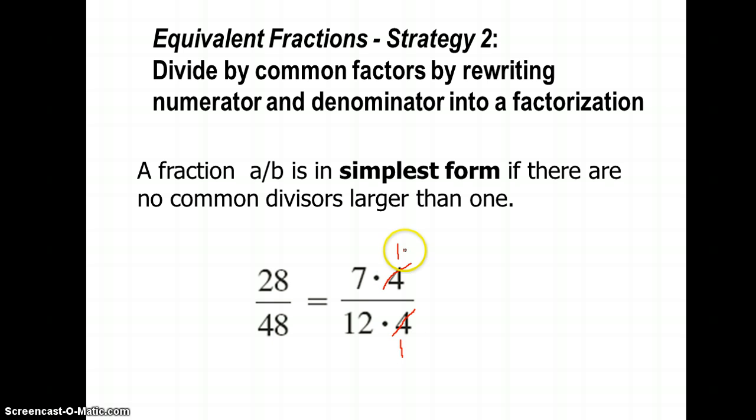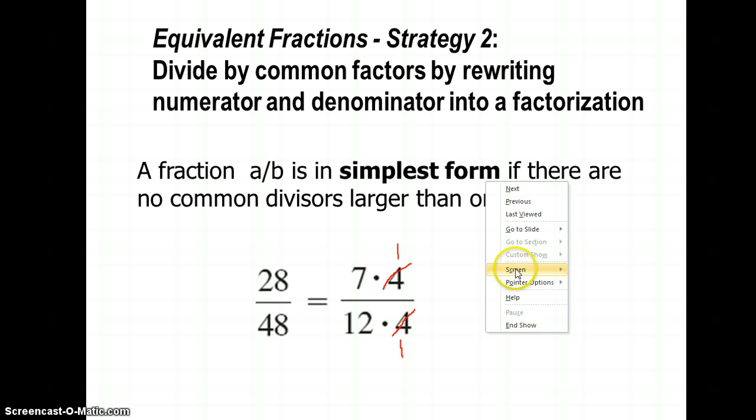We usually don't write that, but with young kids, you want to emphasize they're not canceling, meaning they go away. It's really meaning 4 divided by 4 is giving me a 1. 4 divides into 4 one time. So that's how I get 7/12, which is the answer that we got before.